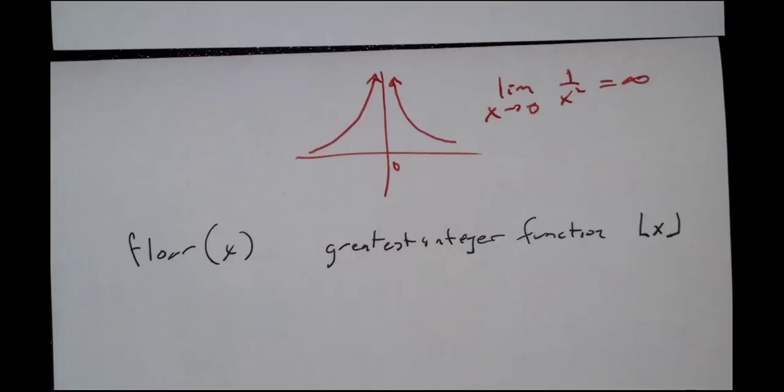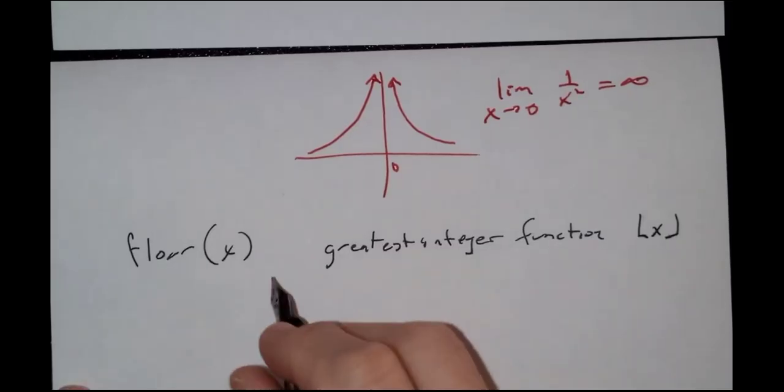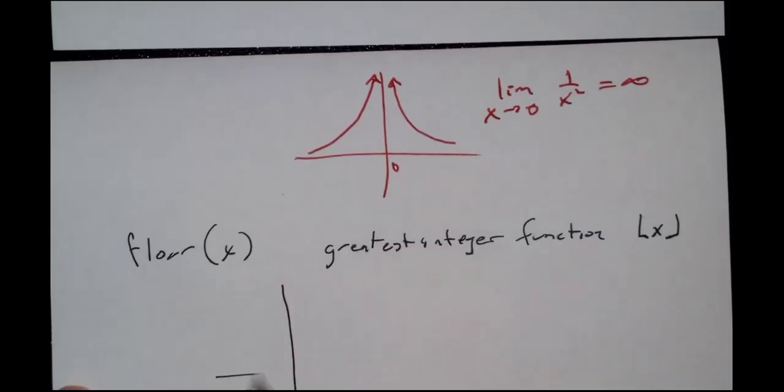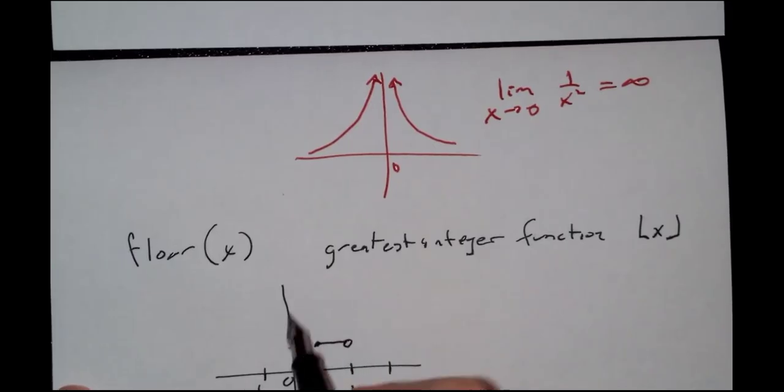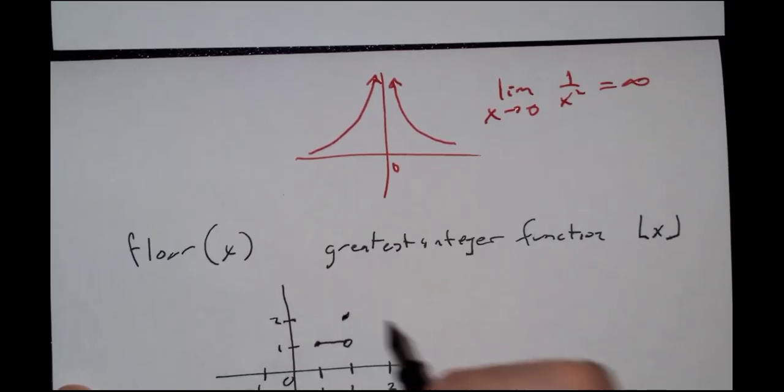This function, when I graph it, has a very interesting picture. We just said between 1 and everything up to 2, I should get 1. But as soon as I hit 2, I should jump up. And between 2 and 3, I should get 2.